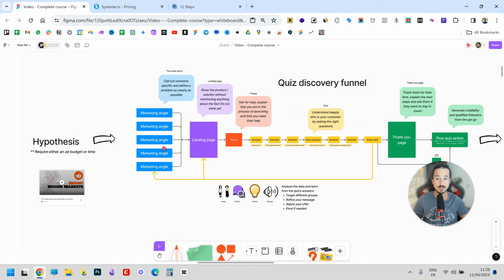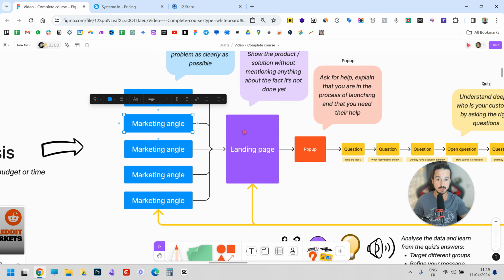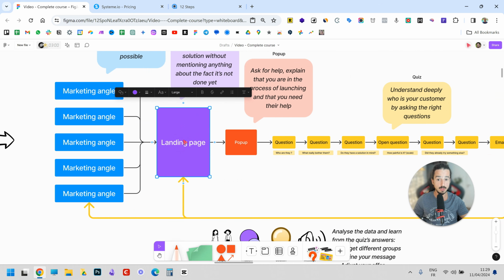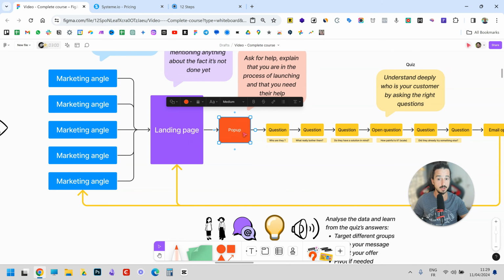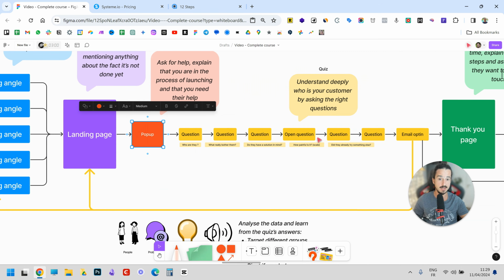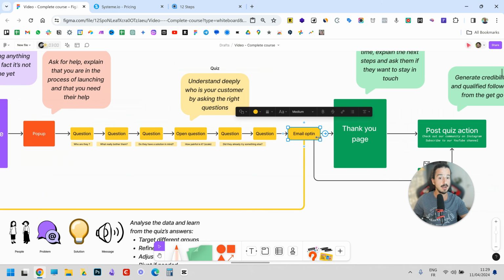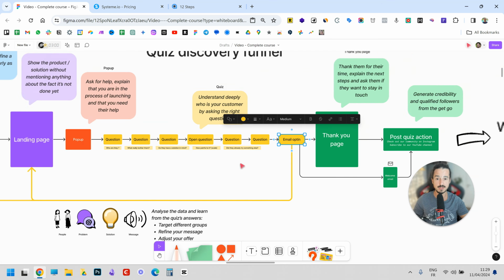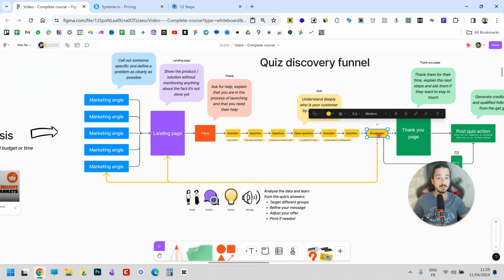But if you think in matter of conversion, everything here are different conversions. Someone clicking on your ad, it's a conversion. Someone clicking on your call to action on your page is a conversion. Someone here clicking, conversion. Every step here is a conversion. Then you have an email opt-in, which is definitely a conversion. Once you optimize your ads for this conversion, you optimize Facebook ads to find you more people that would convert here, it is way cheaper than if you have tried to sell your product.